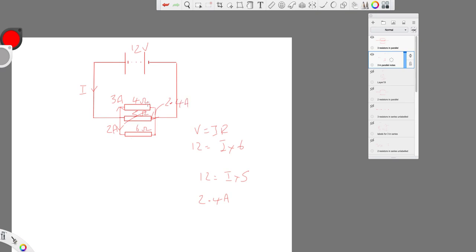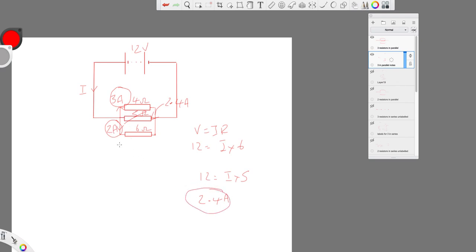So if I had just the 4 in series, I would have had 3 amps, like we had before in our first example. If I have the 4 and the 6 in parallel, I've got another 2 amps. So now my current here is 3 plus 2 is 5 amps. And if I then added in my 5, which I should have taken the strike out of, but we'll pretend I did that. So if I add in my 5, I've now got another 2.4 amps.